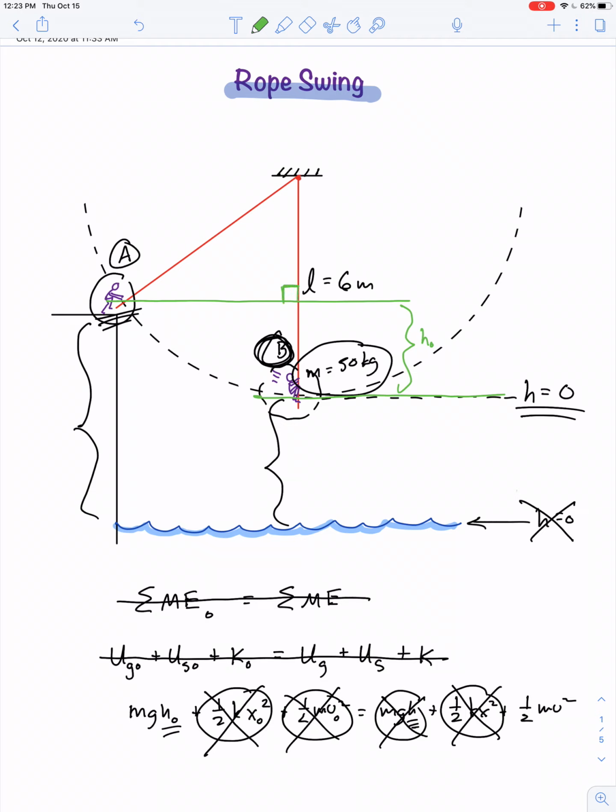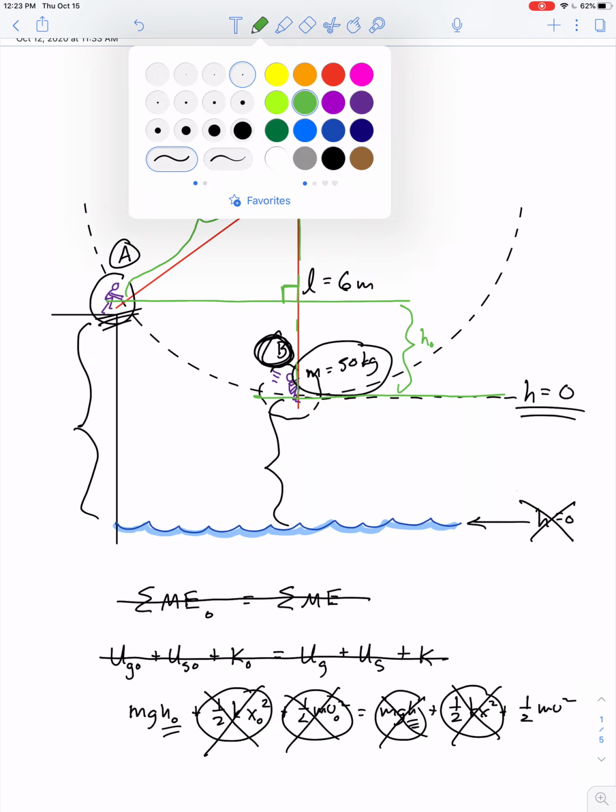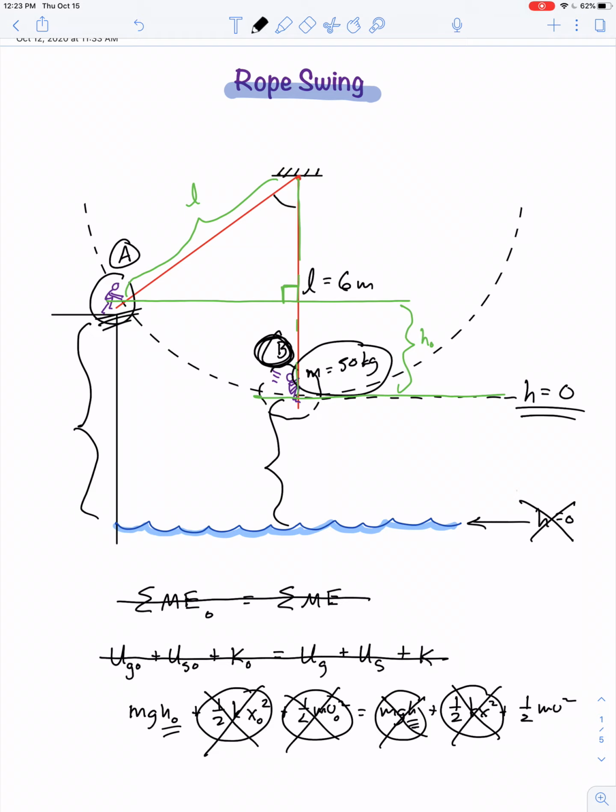Now, the length of the rope doesn't change, so the hypotenuse in this right triangle represents the length of our rope. If we say the rope was pulled back to some angle theta, in other words, theta equals 0 means the rope is in its vertical position, and if theta were to equal 90, this person would be swinging from a much larger or much higher ledge.